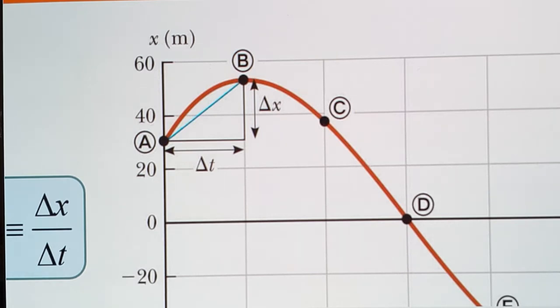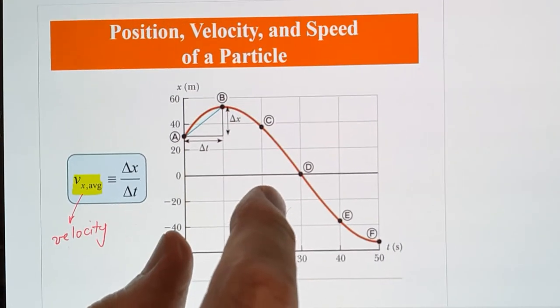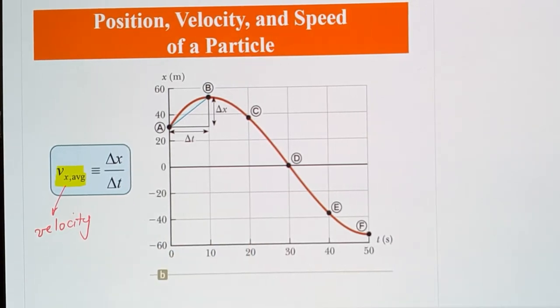We do not know what happened between A and B. But on average, we can determine what happened between A and B by finding the slope. And as your smart friend Ubaida wrote, it's the derivative. The slope is nothing but the derivative, or the derivative is nothing but the slope.